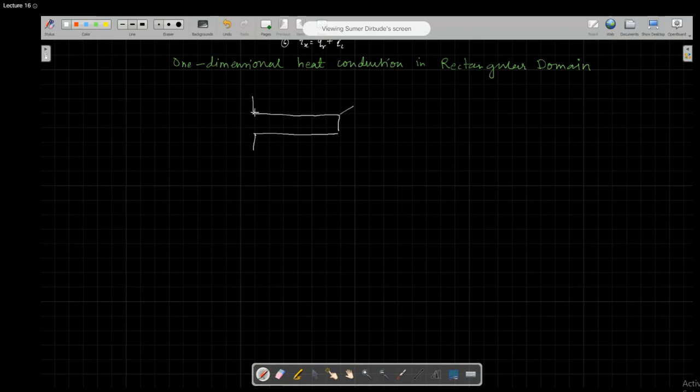And we consider unit depth, similar to the previous one.